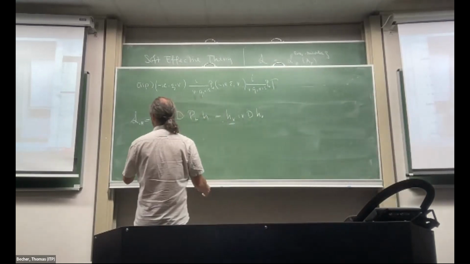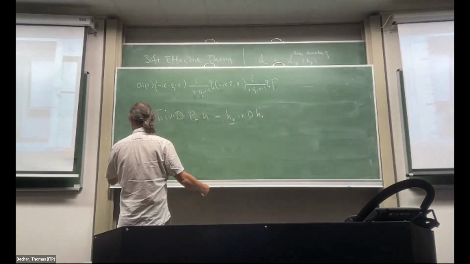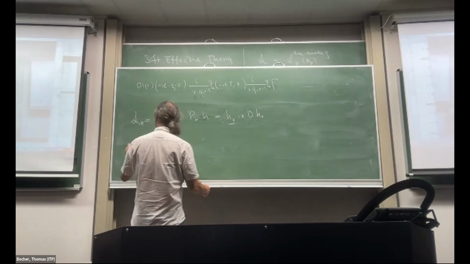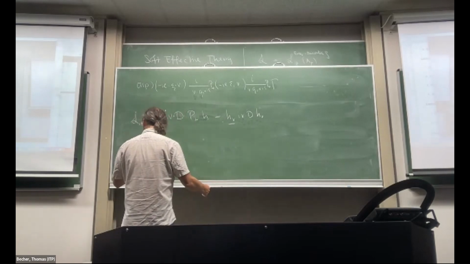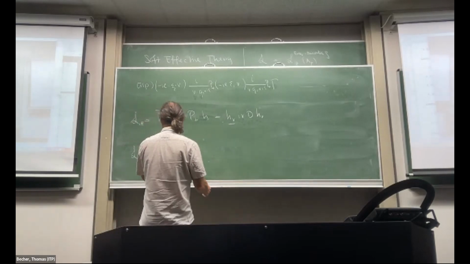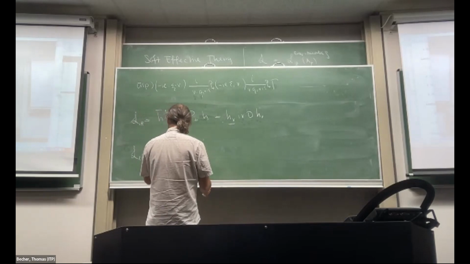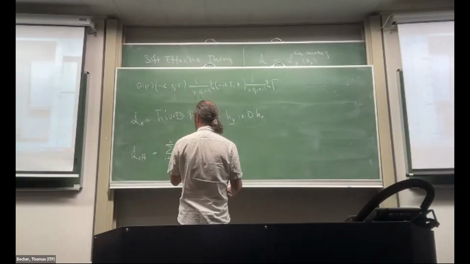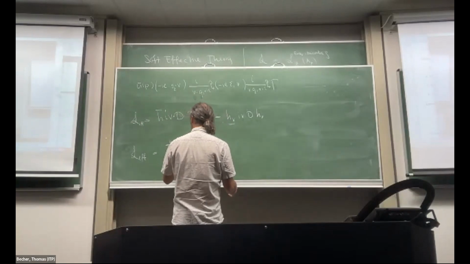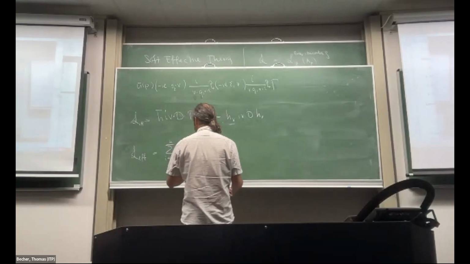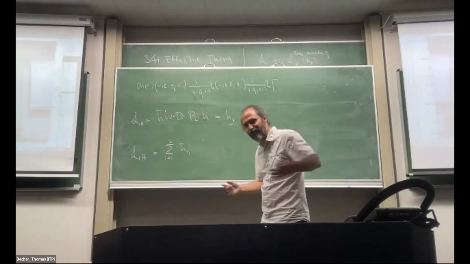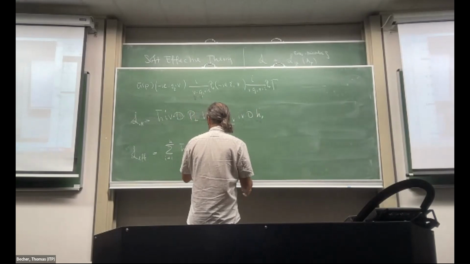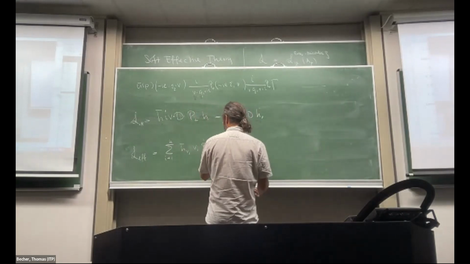So we have 2 incoming and 2 outgoing. This is for the full one. For the 4 particles, it is a sum over i equals 1 to 4, and for each one of them I introduce this. So I have a VI for the direction of the 2 incoming and 2 outgoing particles. Then I have a VI dot V.